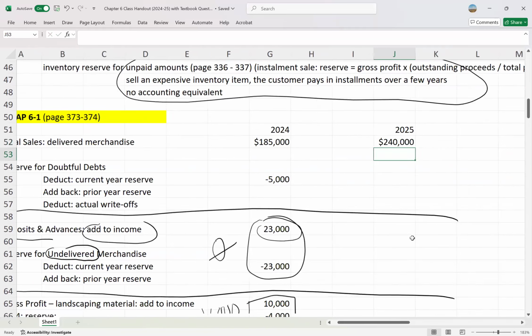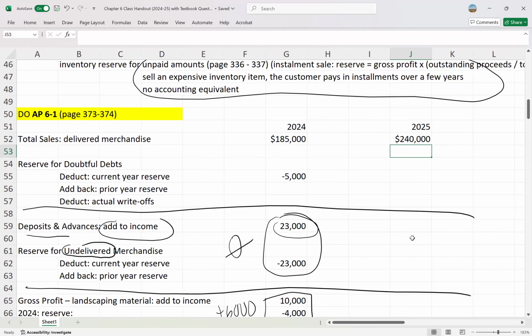Let's just sort of focus on the doubtful debts. Remember we said with reserves, if we take a reserve this year, next year we have to add it back. So the 5,000 that we deducted last year, we have to add it back this year.